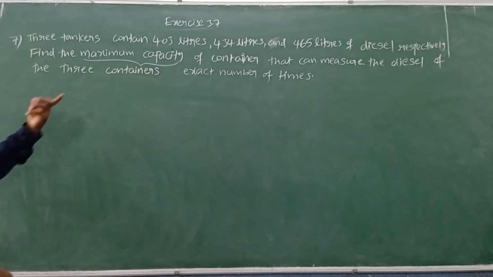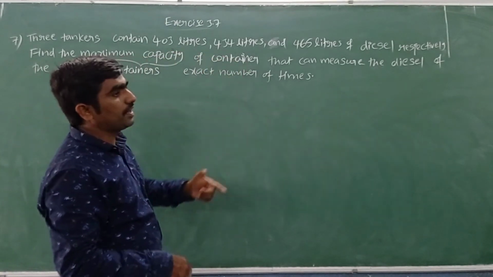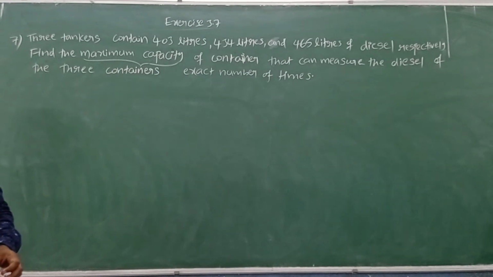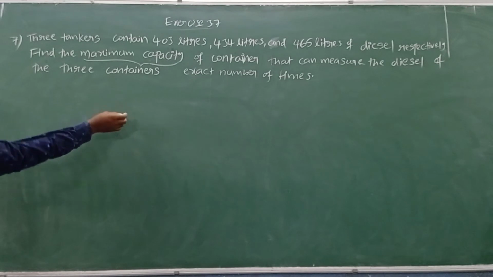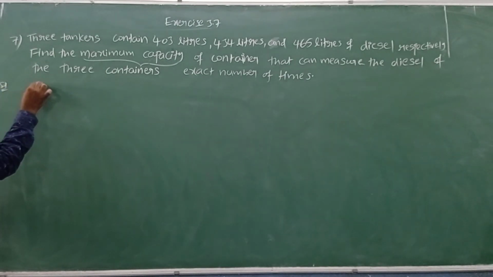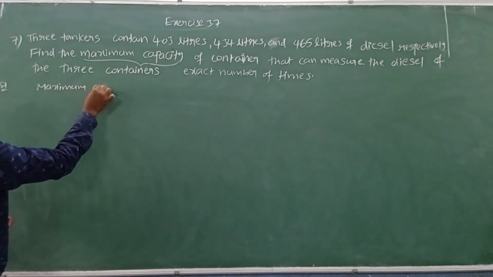To know the highest capacity of the container, it is enough to find the HCF of the given 3 numbers. Let's find the HCF of the given 3 numbers now. Let me write here: maximum capacity.